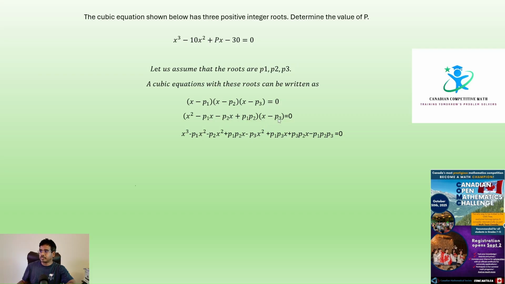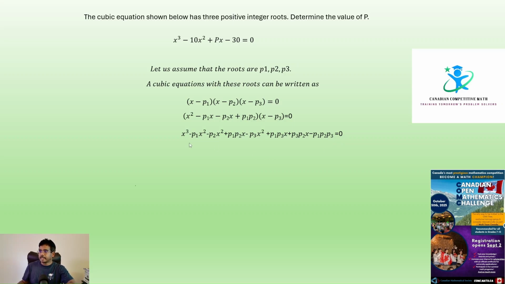Now we are left with multiplying by minus p3: minus p3x squared plus p1p3x and plus p2p3x. In the last term, p1p2p3 times minus will be equal to minus p1p2p3, equal to 0.